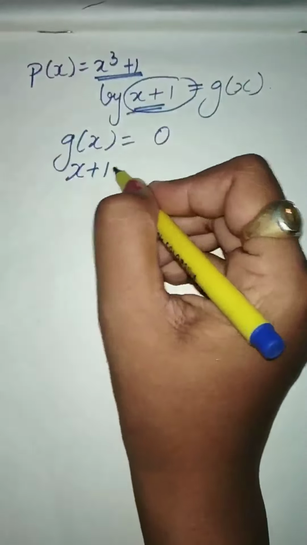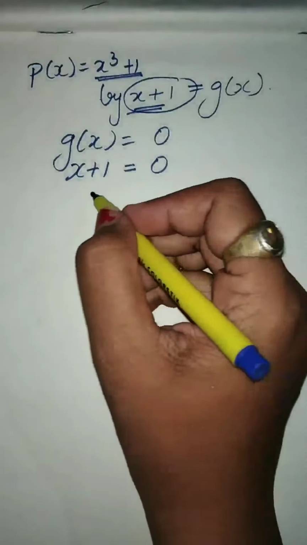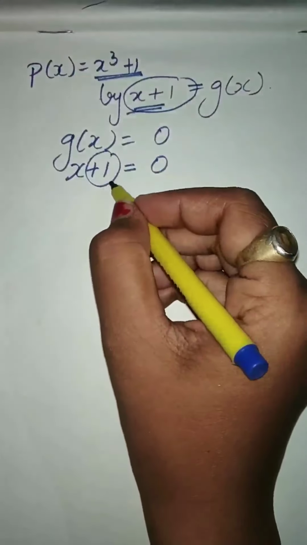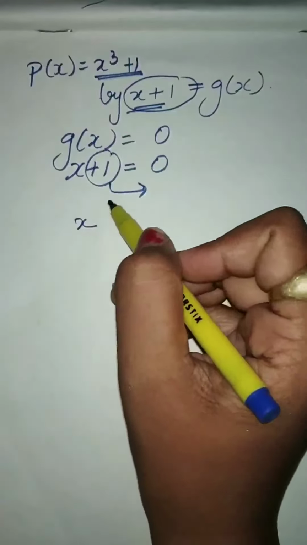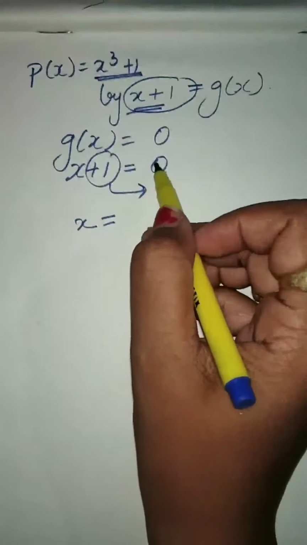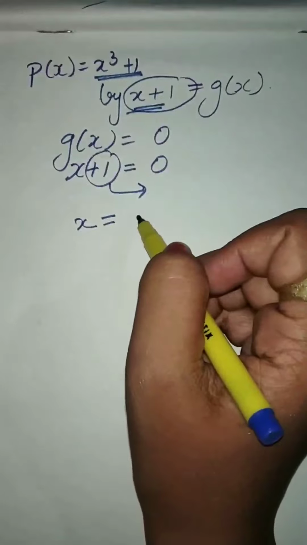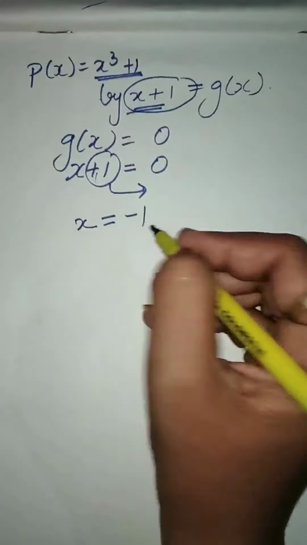Put this equal to 0. Now keep the x over here, and take the rest to the other side. 0 will remain as 0, and if we take this to the other side, it will come in minus, so it will be minus 1. Now we have got the value of x.